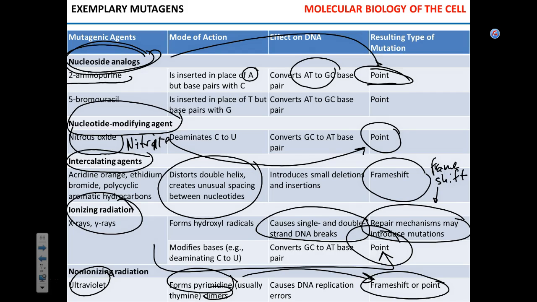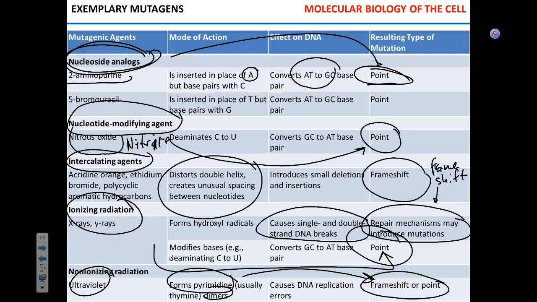Okay, now let me ask you this. Which of these chemical and physical factors do you get exposed to? UV light, okay, when you tan. Okay, do you get exposed to X-ray? Sometimes, not often, sometimes, yeah. Gamma rays?